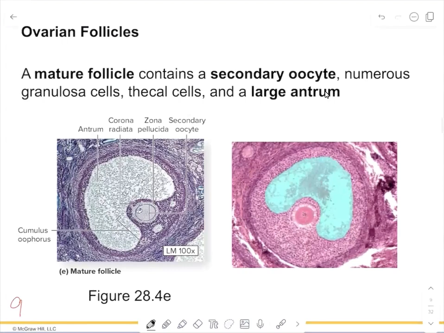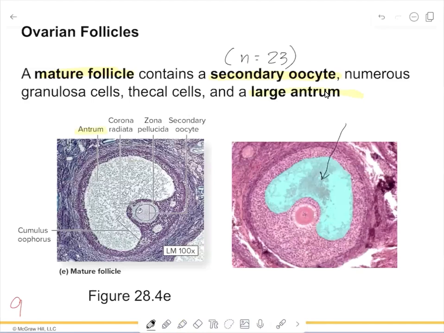So this slide is showing the histology of a mature follicle. And the mature follicle is what's going to contain the secondary oocyte, which again is what's ovulated, and it is haploid, which means it has 23 chromosomes. One thing that is distinct of this is a large antrum, which is actually what is shown on these images here.